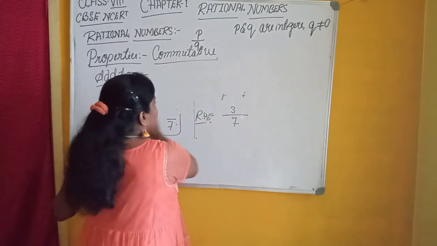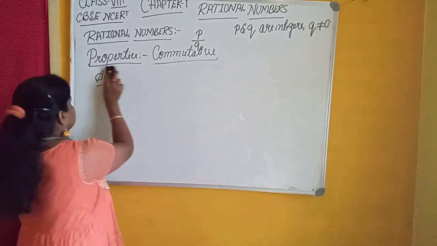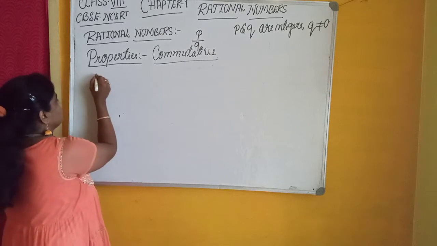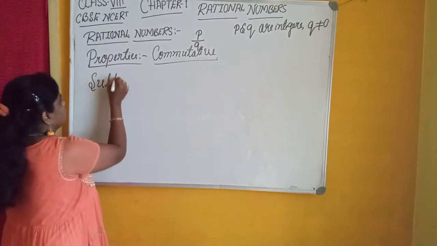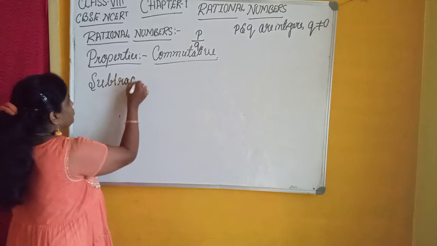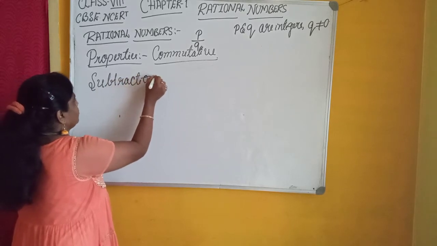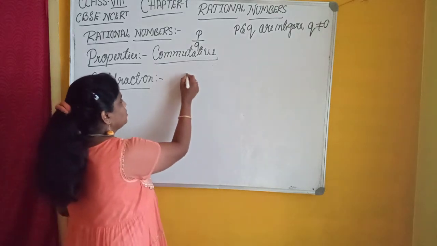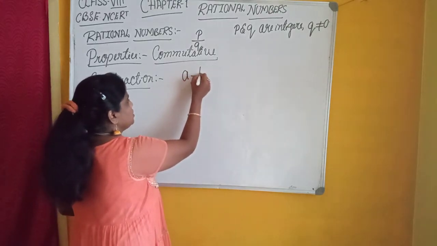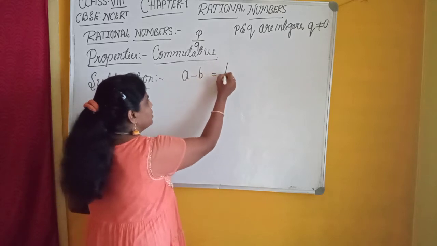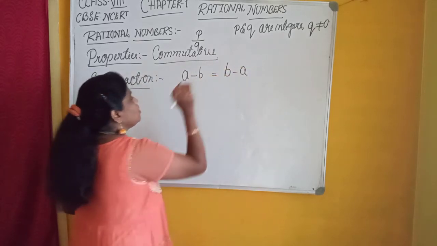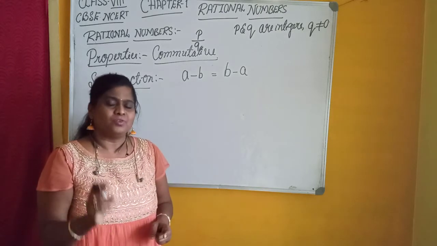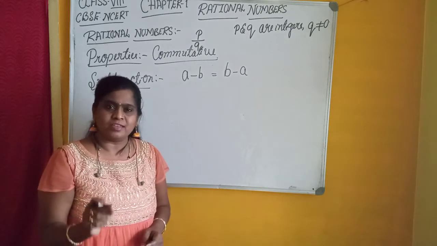Next, commutative property of subtraction. Let us check for subtraction of rational numbers. Here we have two rational numbers, a - b, and we check it against b - a. We are taking simple examples so that you can understand the concept very easily.